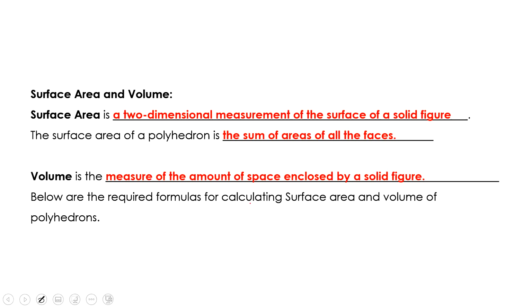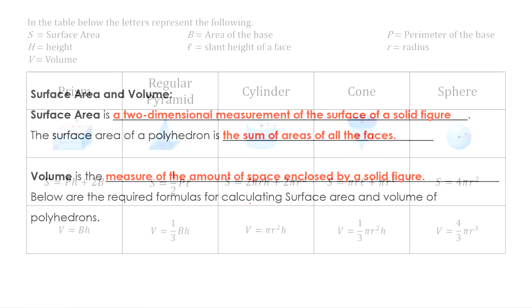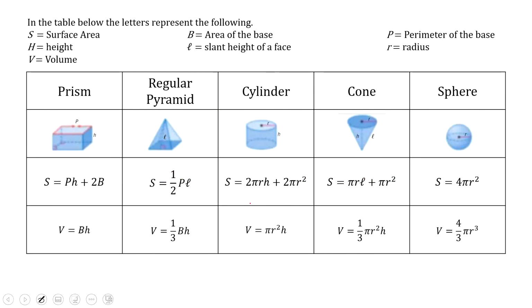And on the next page, we're going to see the formulas for surface area and volume for the shapes that we talk about. Again, these will be provided for you on the test. You also will have them in your notes as it's an open note test.